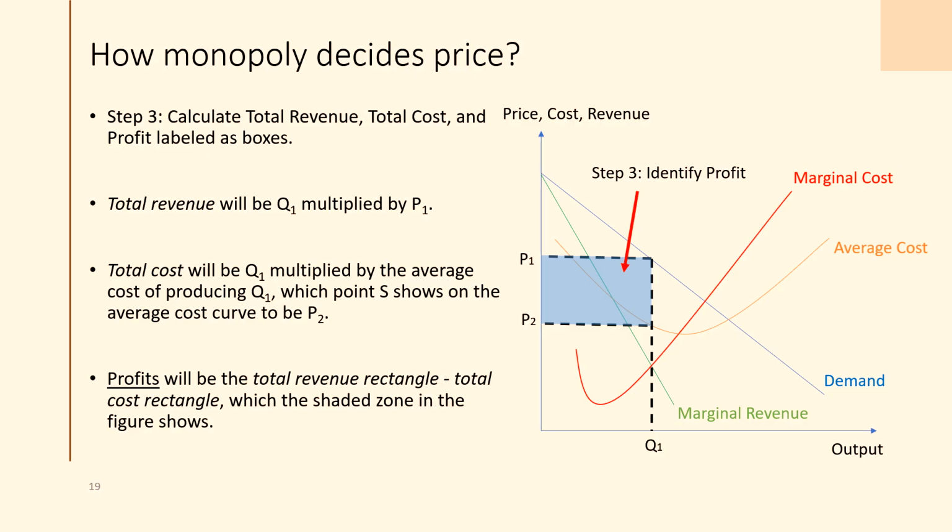At quantity Q1, we move up to the average cost curve. That cost level is labeled P2. So total cost is P2 times Q1. This smaller rectangle represents the firm's total production cost. Now subtract total cost from total revenue. The shaded region between P1 and P2 across quantity Q1 represents monopoly profit.